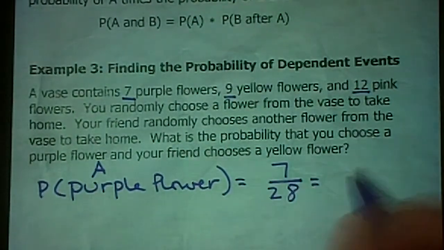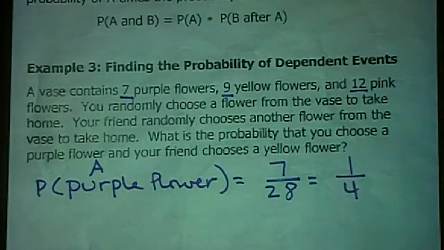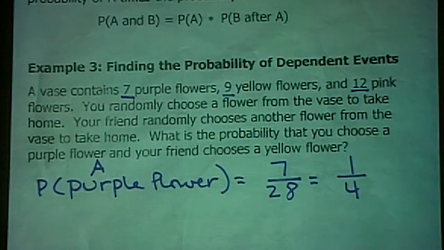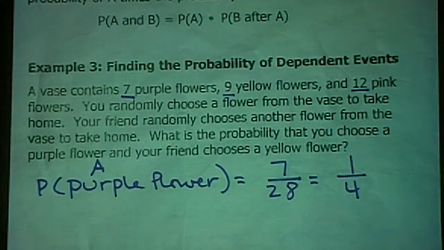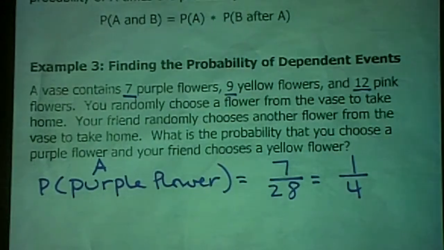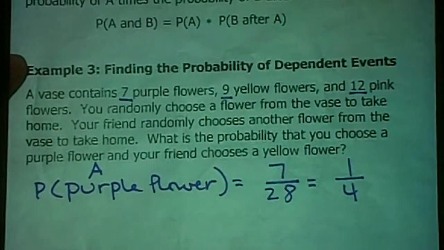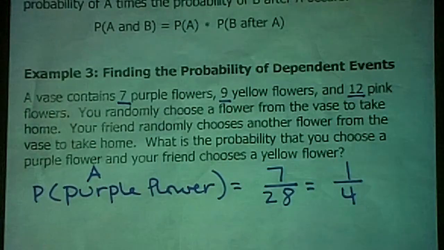Let's divide them each by that. And 7 divided by 7 is 1, and 28 divided by 7 is 4. If you didn't see that, the answer to do I have to simplify is yes, always. Every time. Please, for the love of math, simplify your fraction. 1/4 is way easier to multiply than 7/28ths. It just makes sense. So here's the probability of event A.